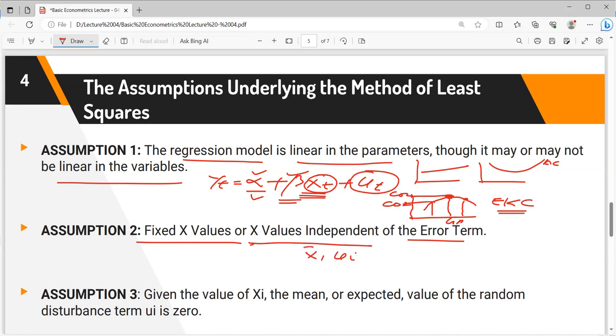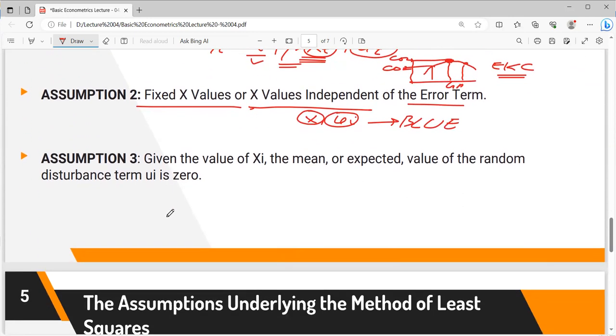If our observations are correlated with the error term, then our results will not be unbiased, so they will not be BLUE, best linear unbiased estimators. The third assumption is that the expected value of the random disturbance term mu i is equal to 0.